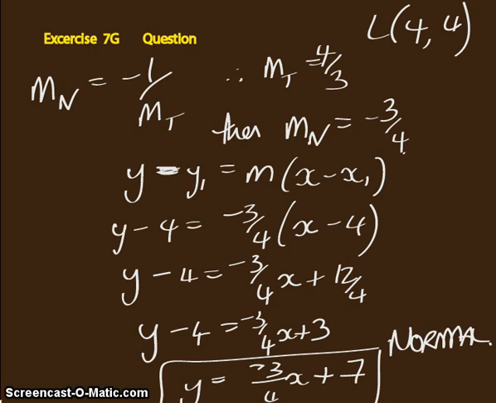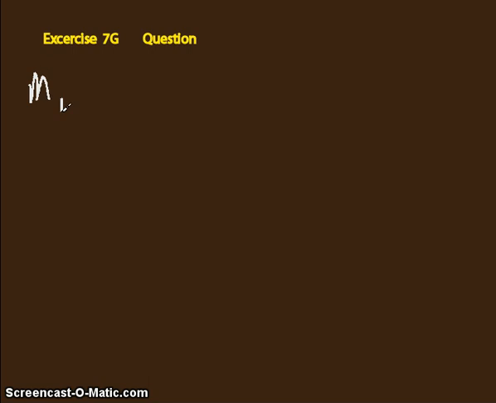We also want to find the angle of inclination. To do that, we need to remember that the gradient of the tangent was 4/3. We use the fact that the tan of an angle will equal the gradient of the tangent.